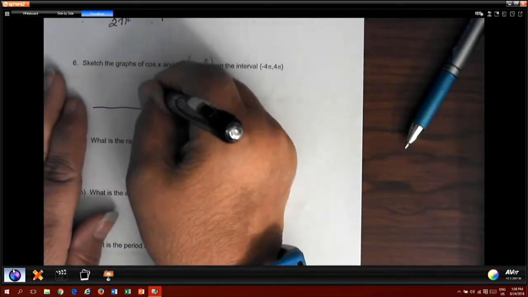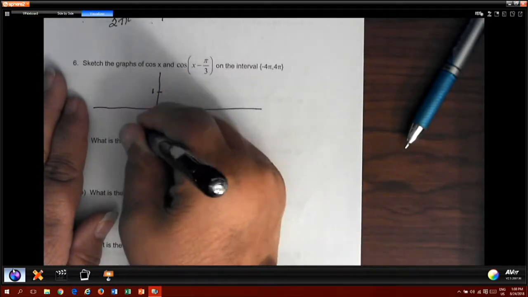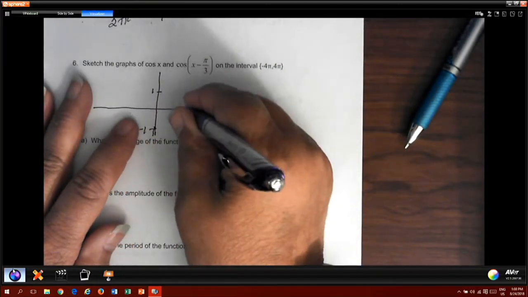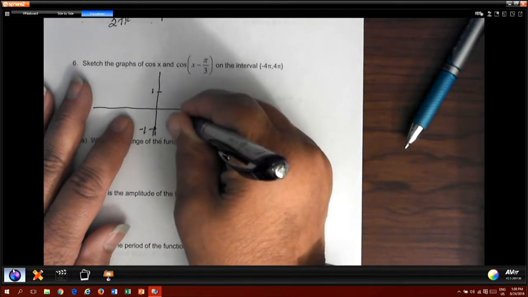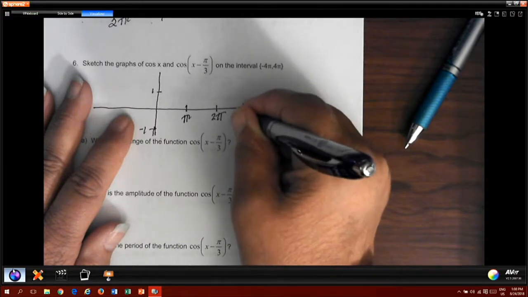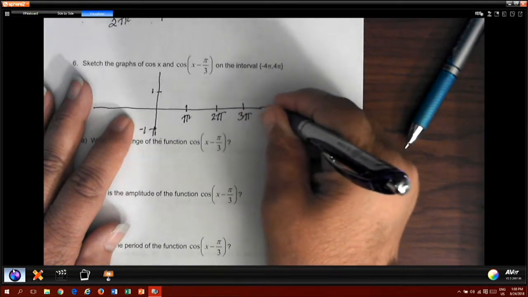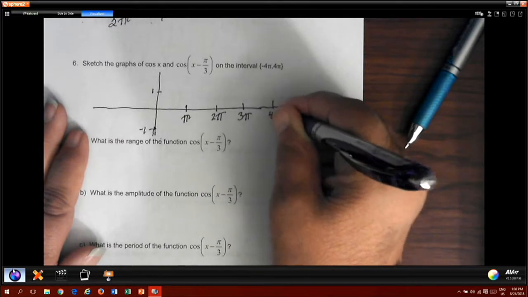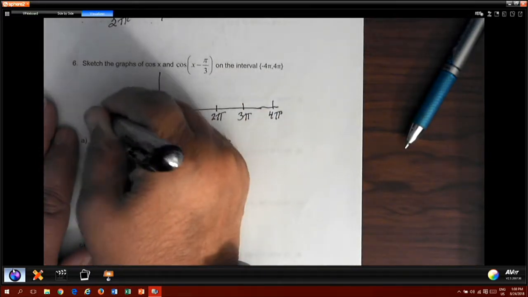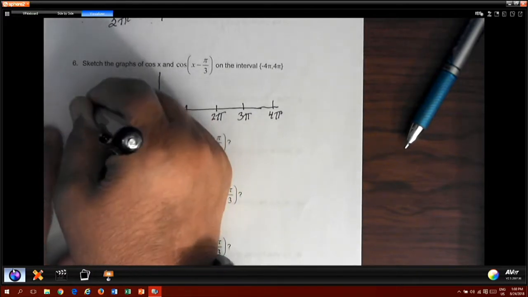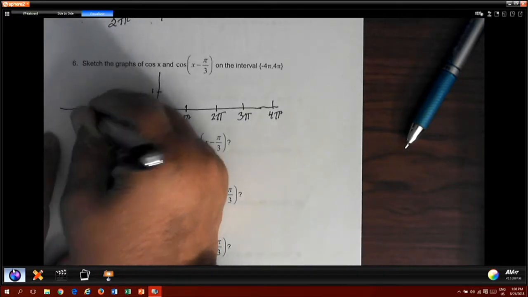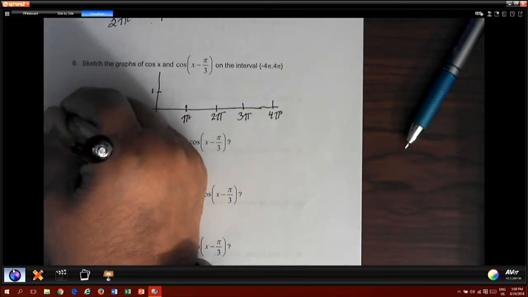We're making a horizontal shift. So we're going from 1 to negative 1, going up to 4 pi. So that's pi, 2 pi, 3 pi, 4 pi, negative pi, negative 2 pi, negative 3 pi, negative 4 pi.